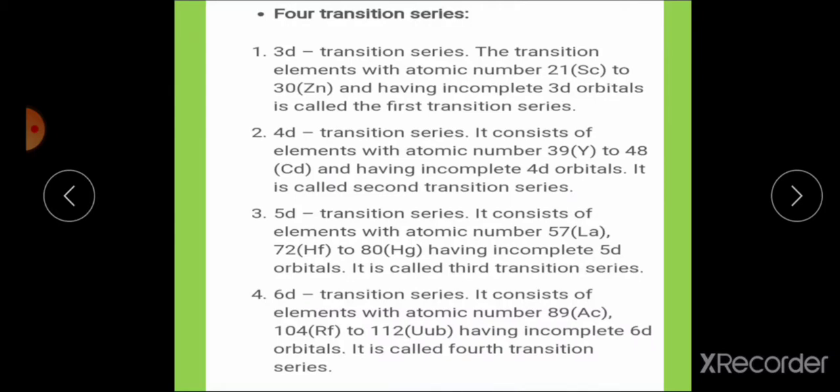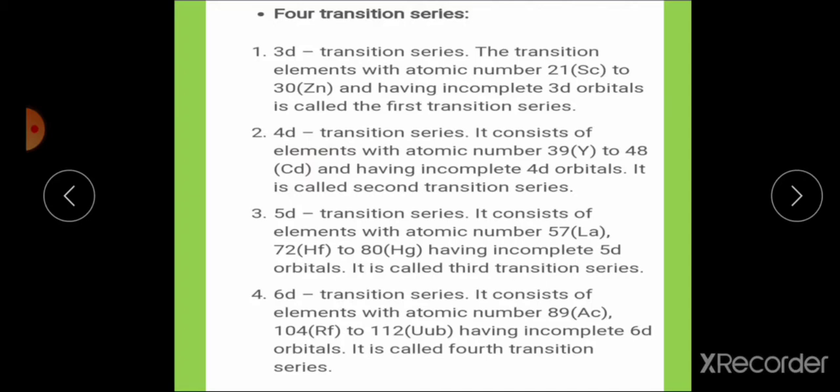They have incomplete 3d orbitals, that's why it is called the 3d transition series. Second is the 4d transition series. It consists of elements with atomic number 39, yttrium, to atomic number 48, cadmium, having incomplete 4d orbitals.